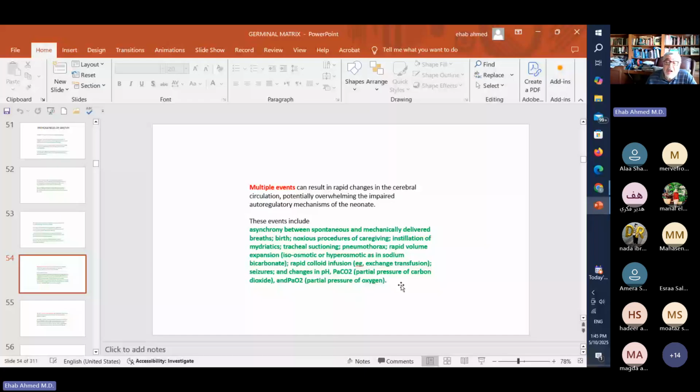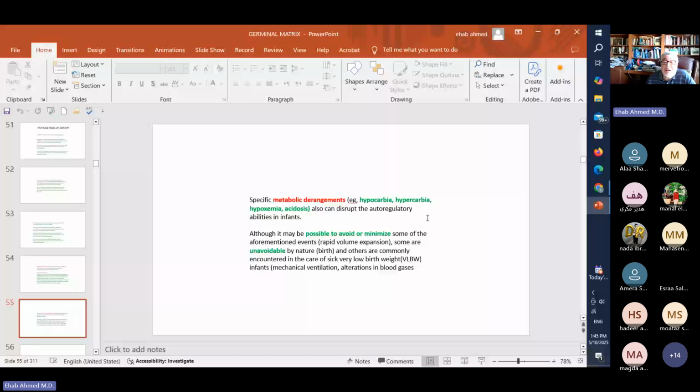Intubation is not a benign procedure. It's very aggressive, and it causes vagal stimulation and irritation and reflexly affects the blood pressure and cerebral blood flow, and multiple attempts of intubation, especially in the first few minutes of life, can precipitate a GM-IVH. Okay.